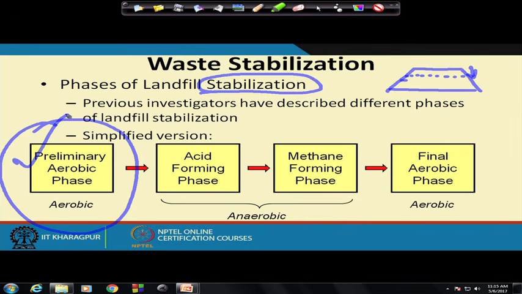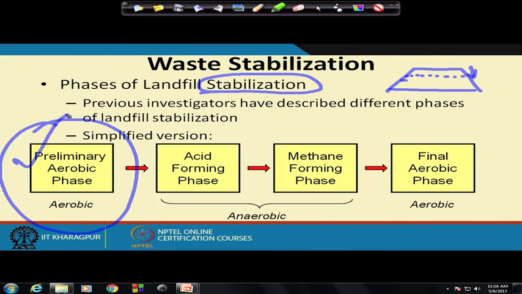Air can go into the garbage, so aerobic bacteria will be active and waste degradation will start happening. Once you reach the permissible height based on regulation, and there is a limit to how high you can go, you put the top cover on.